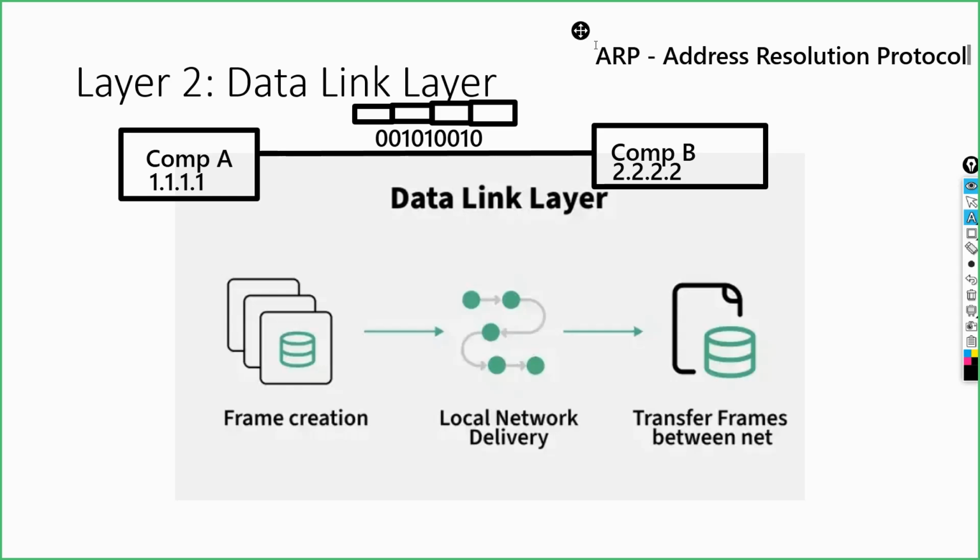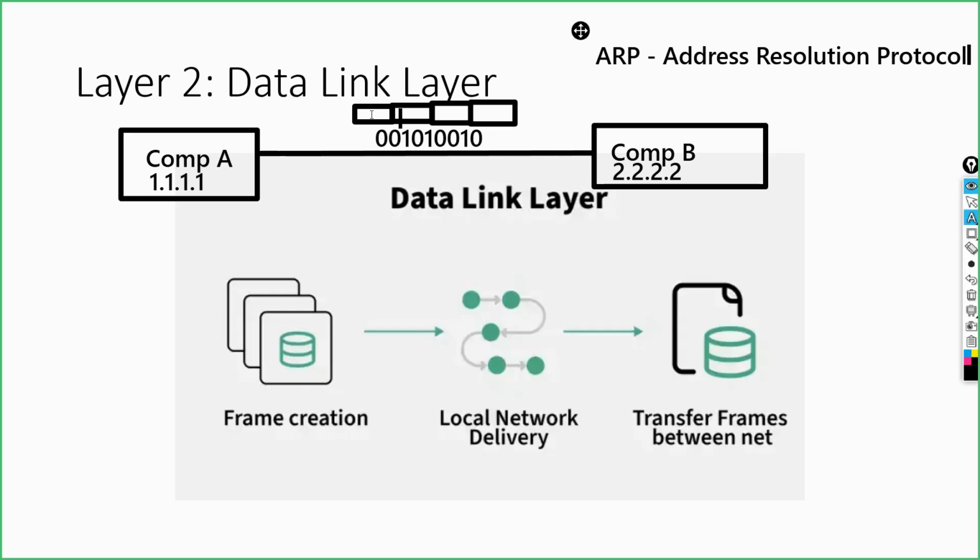Now, functions. I have almost covered everything. One of the functions of the data link layer is framing. What is framing? We discussed it just some time before. It provides a way for a sender to transmit data that is meaningful to the receiver. Then MAC addressing takes place after the frames are created.